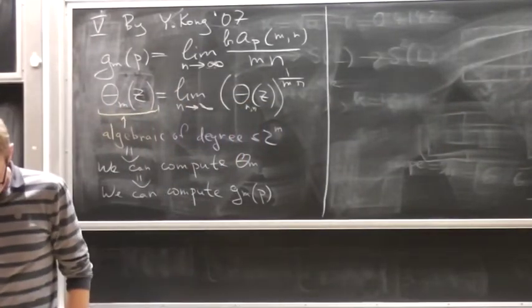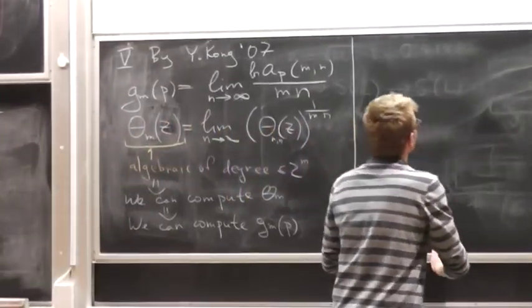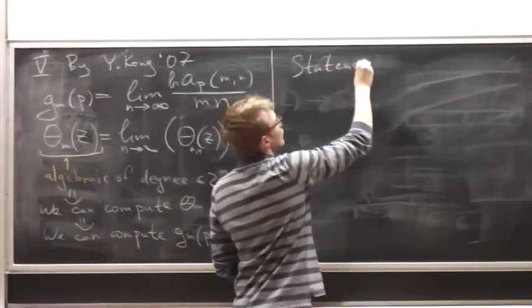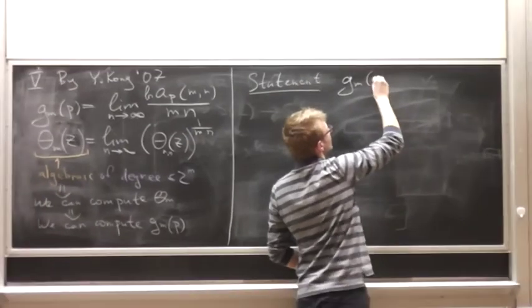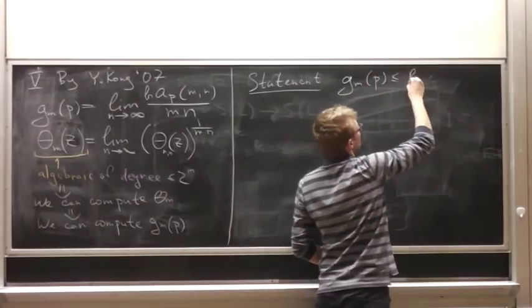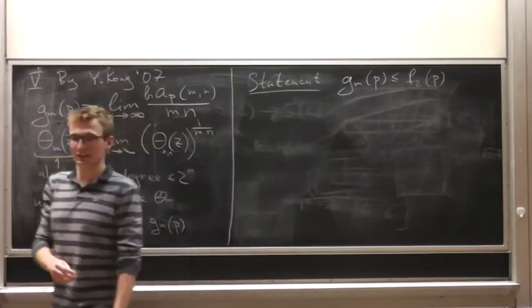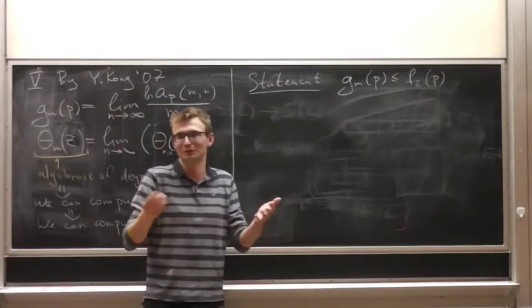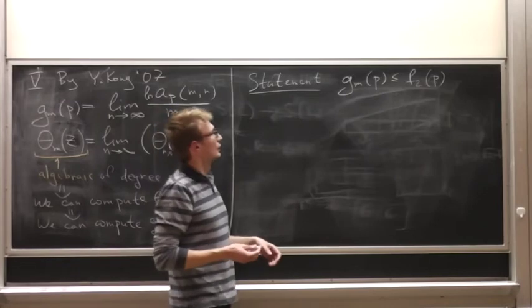Sure. And what we can now say, it's a statement, is that G_m of P is less than or equal to F_2 of P. And this statement I don't want to just believe, because I think this is one I can prove now. So, why is it true? Okay, let's see.